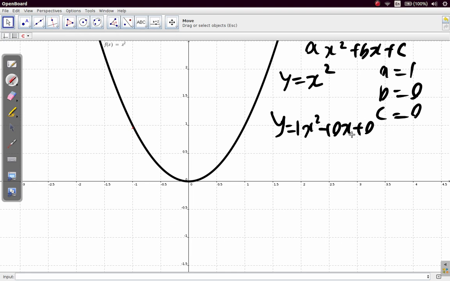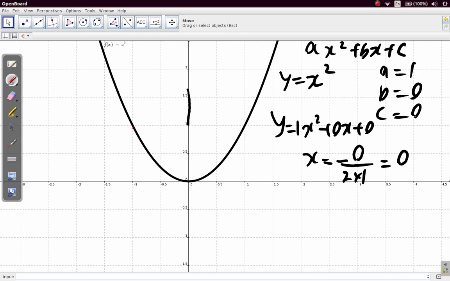Right? Now x is equal to negative b, which is negative 0, over 2a, which is 2 by 1. But this is 0. So the axis of symmetry is x equals 0.